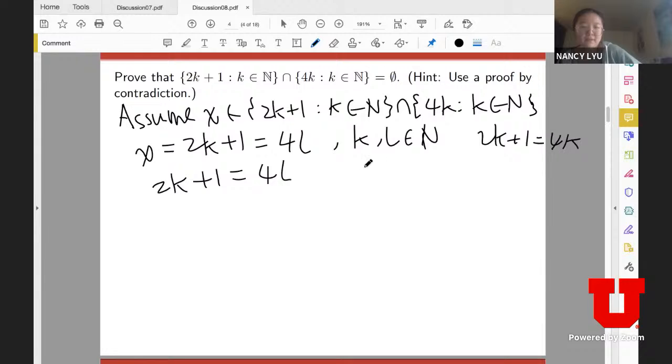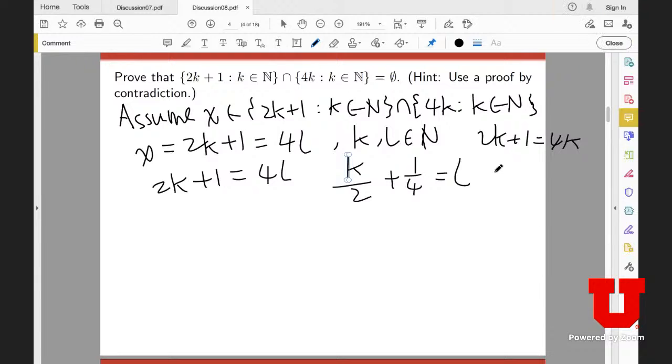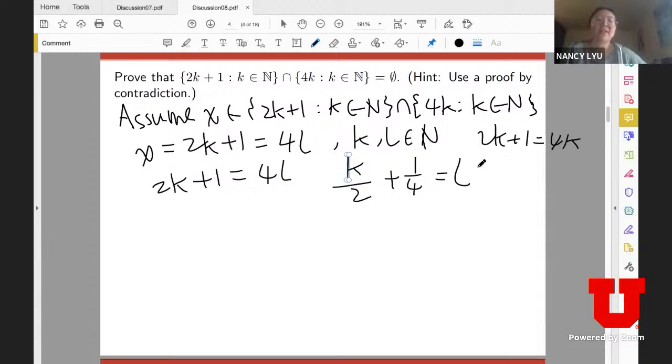Okay, so we know that L is a non-negative integer. It might seem like k over 2 plus 1/4 is not an integer, but we don't know the value of k.